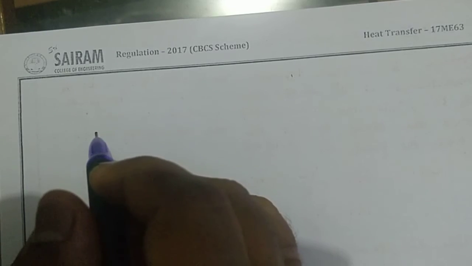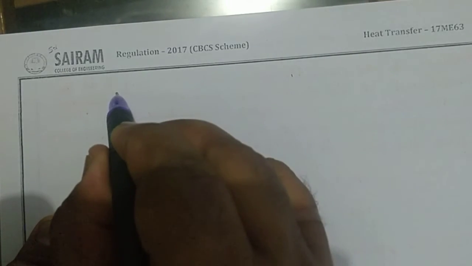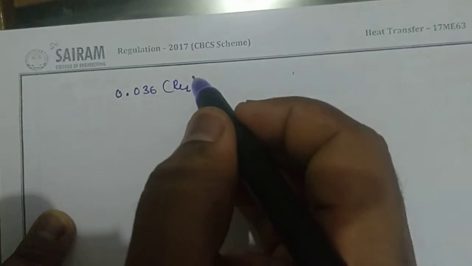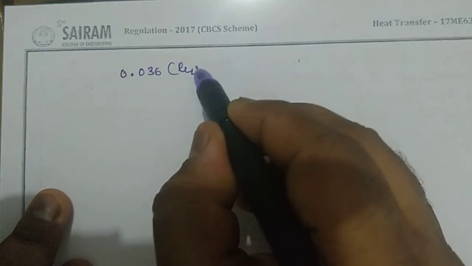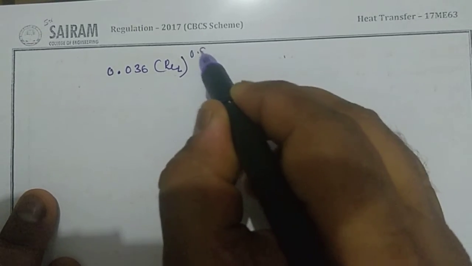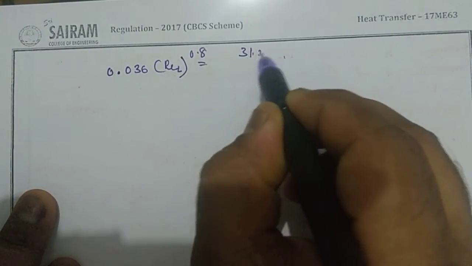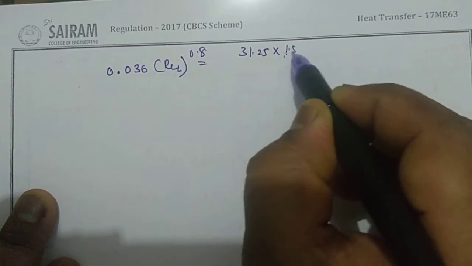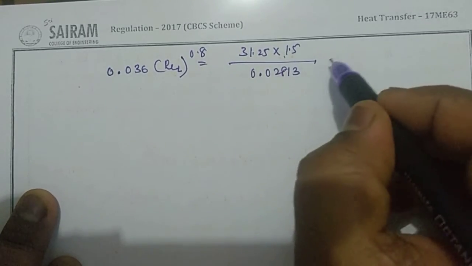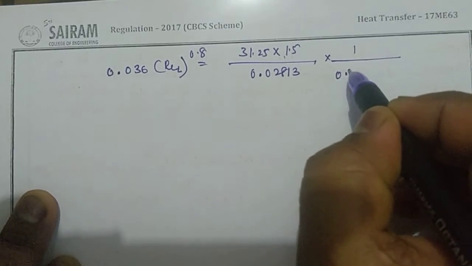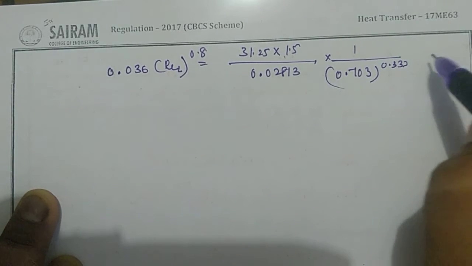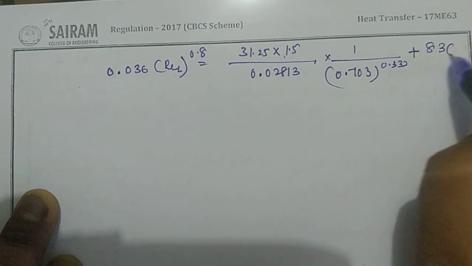Further we can write 0.036 Reynolds number to the power 0.8 is equal to 31.25 into 1.5 divided by 0.02813, into 1 divided by 0.703 whole to power 0.33, plus 836.